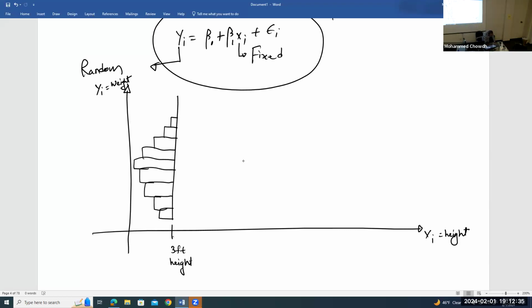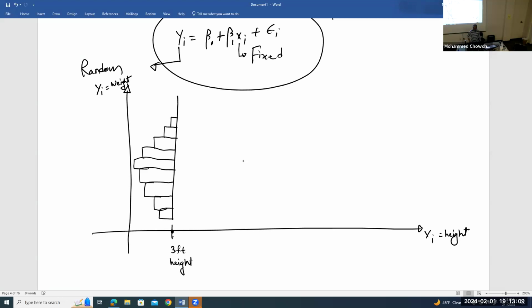I fix 3 feet height. I pick a 3 feet high American boy. His weight will be maybe 40 pounds. I pick a 3 feet high boy from Africa. His weight will be 60 pounds. I pick a 3 feet high girl. Her weight will be 35 pounds. So when I fix one height, I'm getting the distributions of the weight for different people, right?